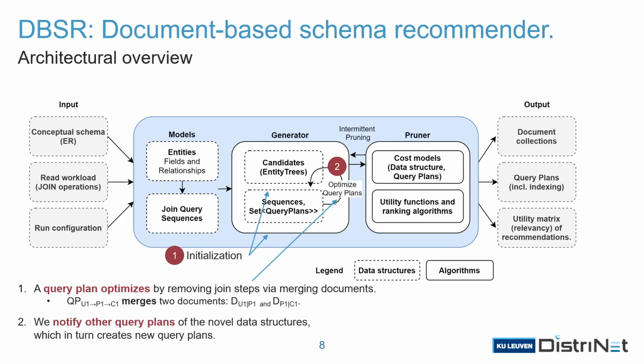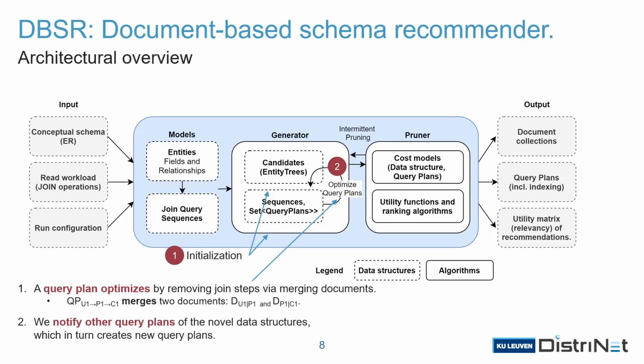We will then optimize, and this will yield two documents that are quite a bit larger. We get users that have the product information embedded in the same record, the products that the user sells, and we also end up with a document that embeds product information and embeds the comments that were made by previous buyers. So this query plan can now be executed with only two queries rather than three.